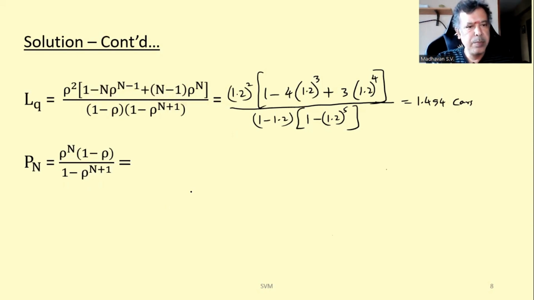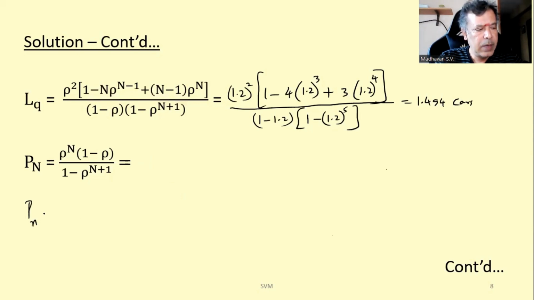Now, we need this P suffix capital N to be found. We will be using this formula. Let us see what is P suffix small n. That will be rho power n times (1 minus rho) divided by (1 minus rho power capital N plus 1).